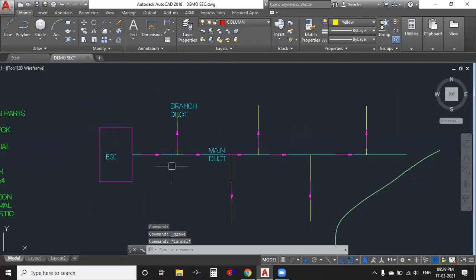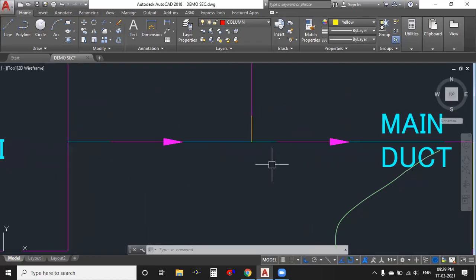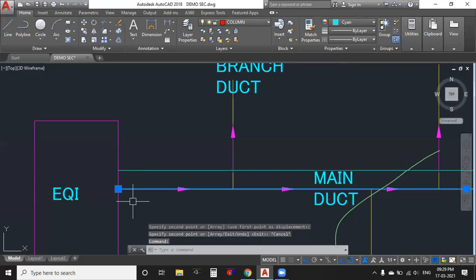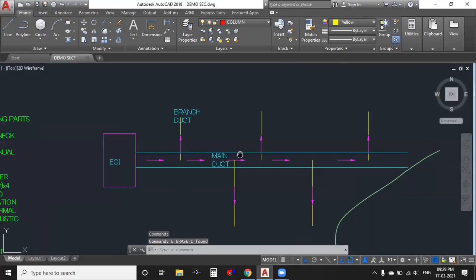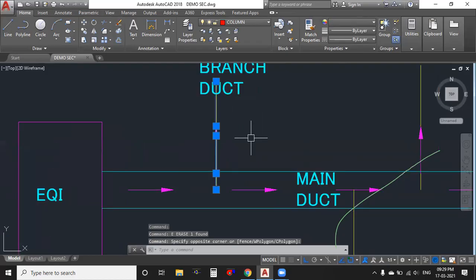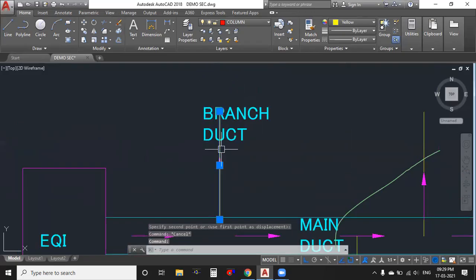Now, first we are going for the shoe neck. The purpose of the shoe neck: I am going to make a double line drawing now. This is my main duct. In this main duct I have air, and this air I have to turn from the main duct to the branch duct.